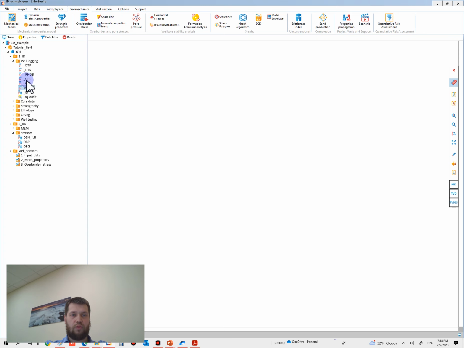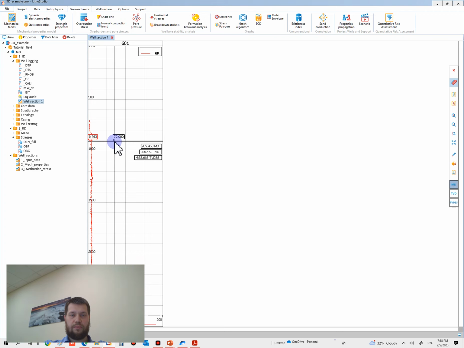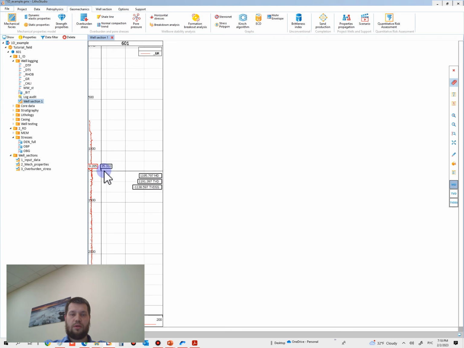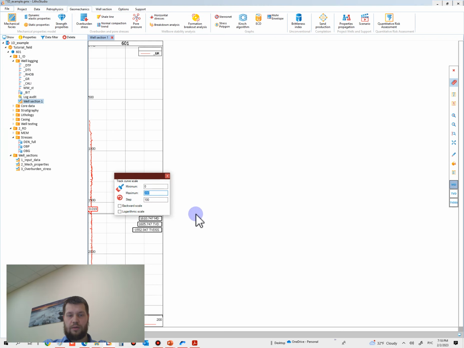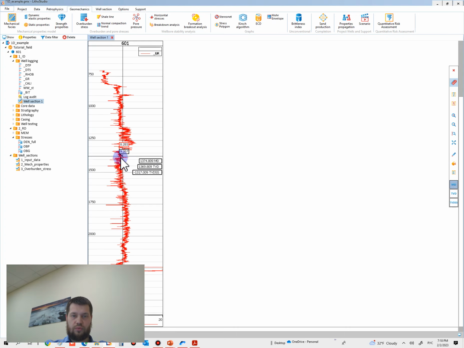But before we make the Shale line, please create a new well section, show the gamma ray logging on this section, and make the minimum and maximum from 0 to 20. Yes, and now we will divide this curve into clays and sands.